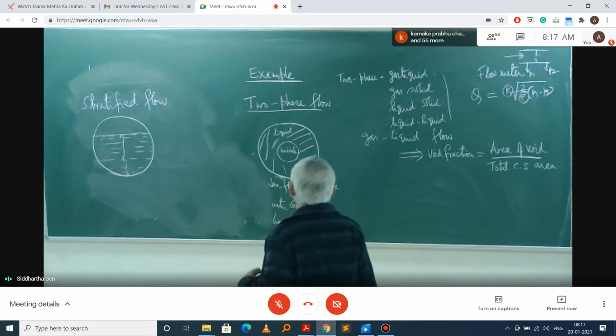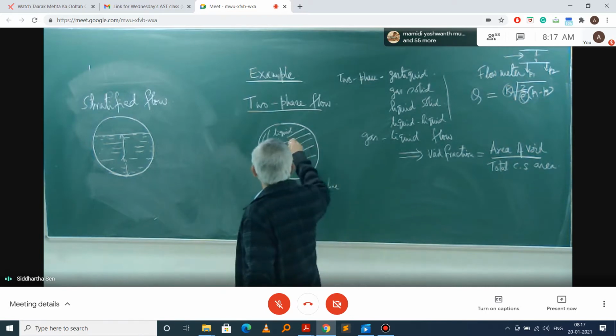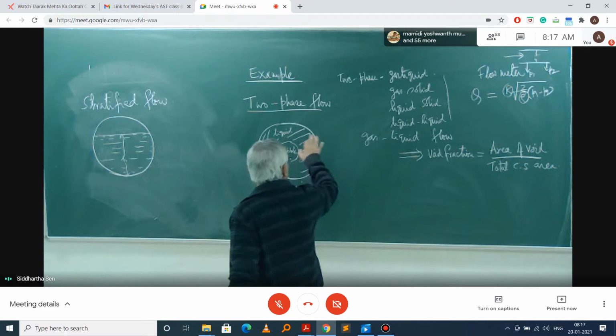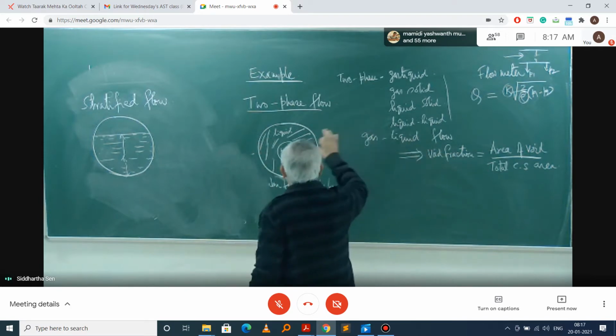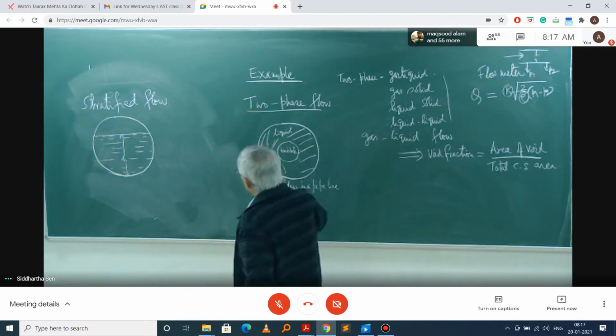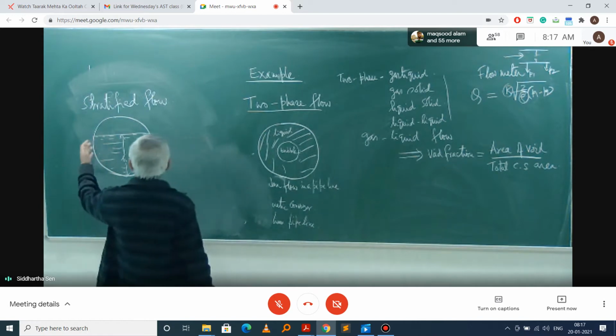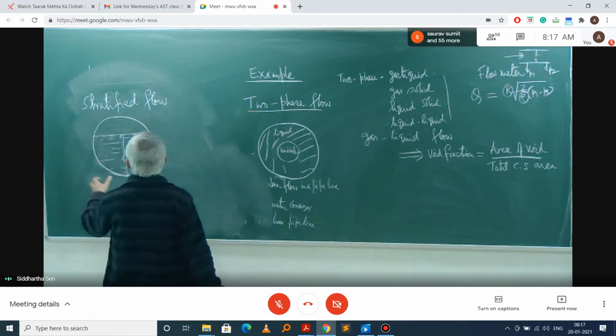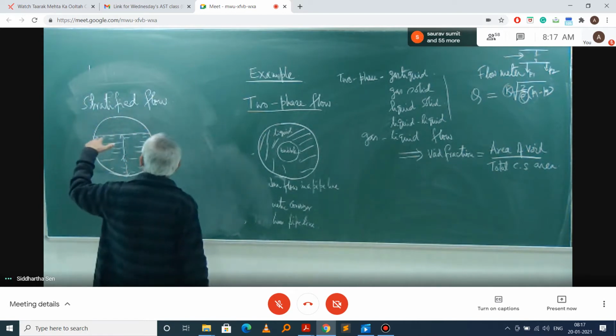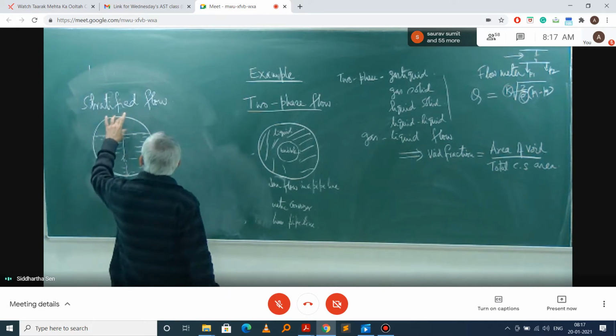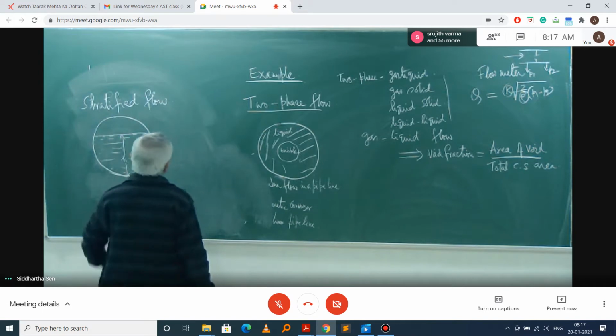One is an annular flow, where we want to find out the void fraction, what is the area of the bubble. Similarly, in the stratified flow, when a liquid is flowing horizontally, what is the area or the height of the tube.